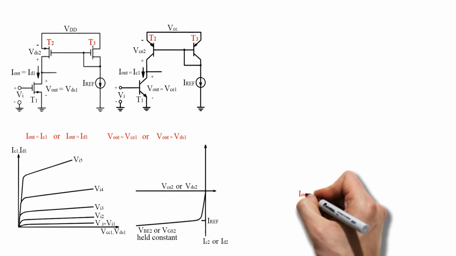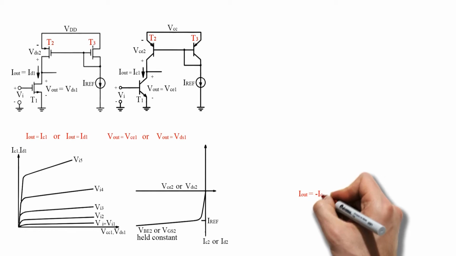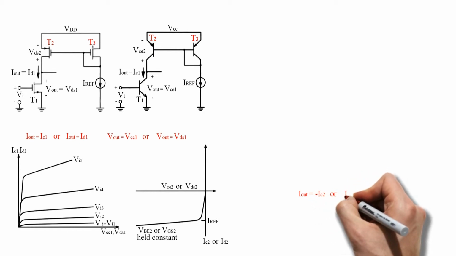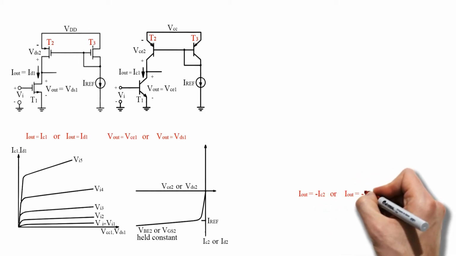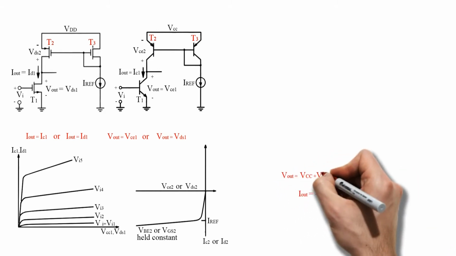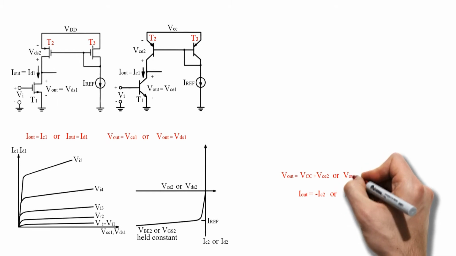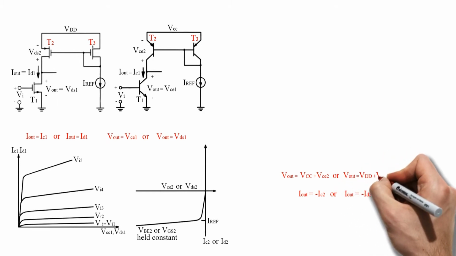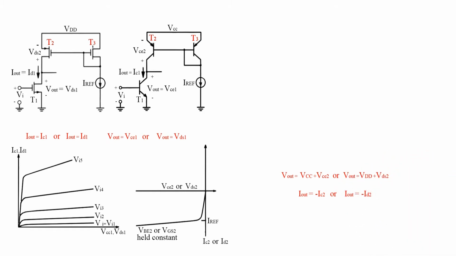From the standpoint of the load transistor, I out equals negative IC2 or I out equals negative ID2, and V out equals VCC plus VCE2 or V out equals VDD plus VDS2.